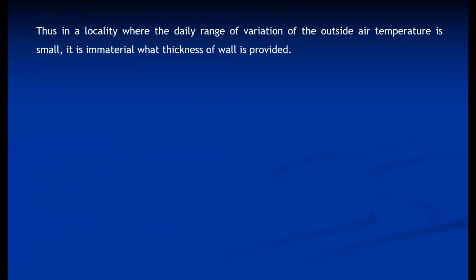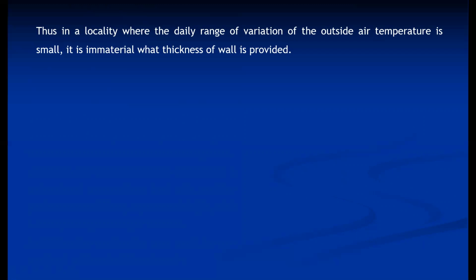Thus, in a locality where the daily range of variation of outside air temperature is small, it is immaterial what thickness of wall is provided. The outside variation is not very large, the range is not very high, so between the day's maximum and minimum temperature the thickness is immaterial.